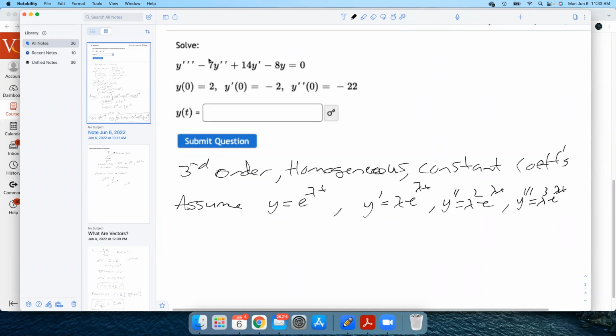We'll plug all that in here, and we're going to get lambda cubed minus 7 lambda squared plus 14 lambda minus 8 equals 0.